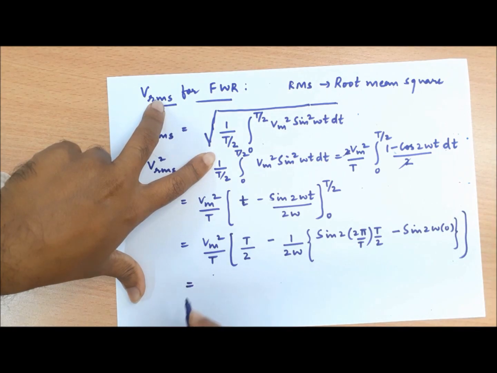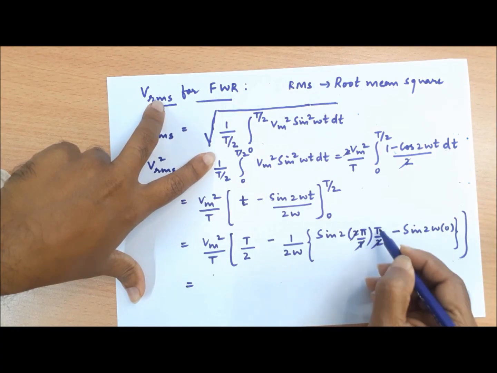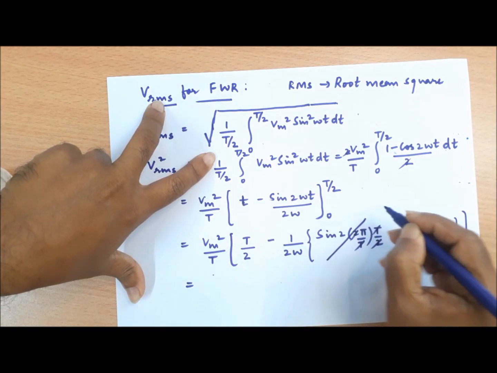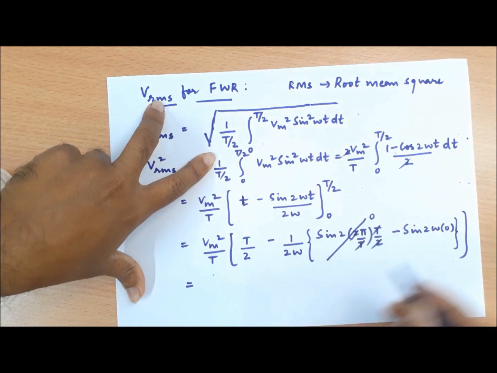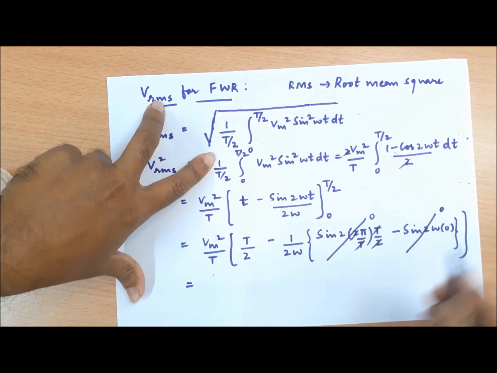If we closely observe, 2 gets cancelled, T gets cancelled, and we are left with sine of 2 pi. Sine of 2 pi is 0 and sine of 0 is also 0.